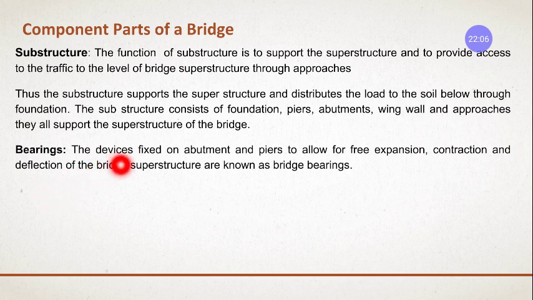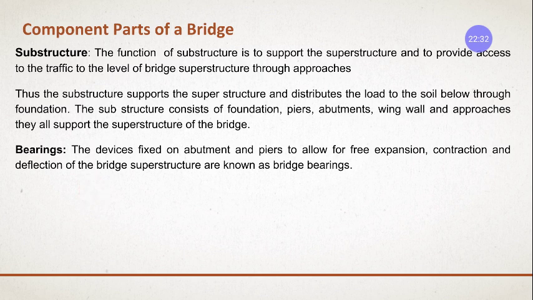Bearings are the devices fixed on the abutments, the abutment cap, or the pier caps to allow free expansion and contraction, so that there should not be any stress developed here. We are freely allowing it to expand or contract, or to have some movement or deflection of the bridge.